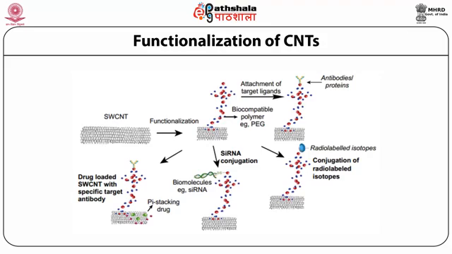You can see there are different arrows. If we start with the single wall carbon nanotubes shown on the left hand side of the slide, the functionalization starts with a biocompatible polymer, then the attachment of various ligands. After functionalizing the carbon nanotubes with the biocompatible polymer, you can use them simultaneously for various conjugations that include drug, imaging agent, siRNA and some other agents also.